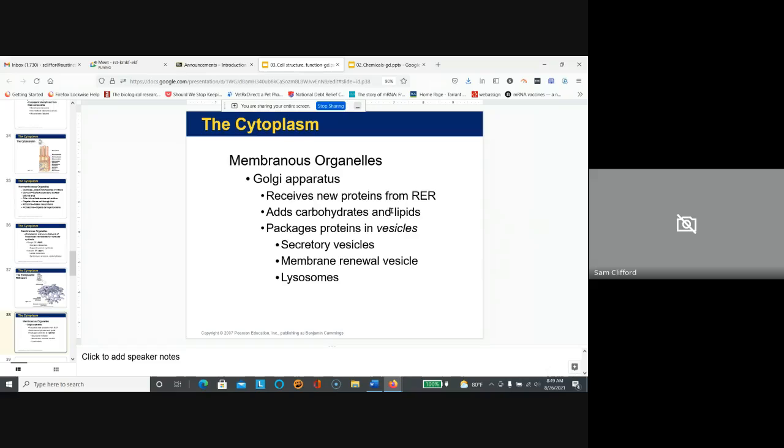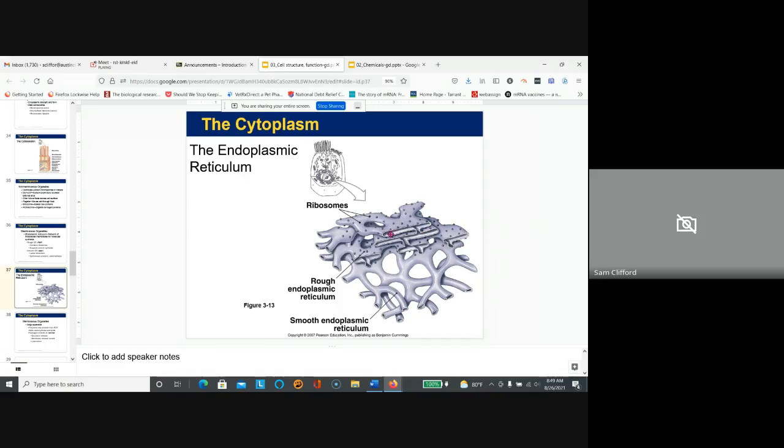So the Golgi, as I said, receives proteins from the rough endoplasmic reticulum. Here's the rough endoplasmic reticulum. It's called rough when it contains ribosomes to make proteins that are taken into these channels, these tubes, and transmitted to the Golgi apparatus to package them in vesicles to move, for instance, insulin out of pancreatic cells.